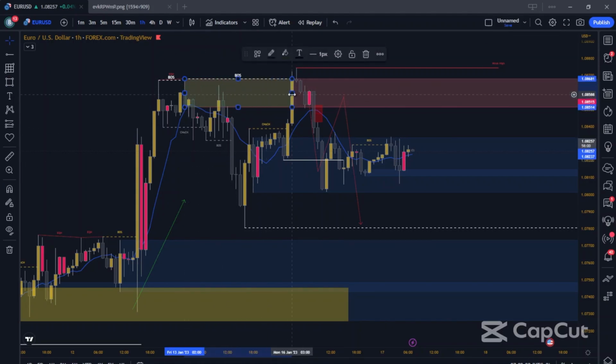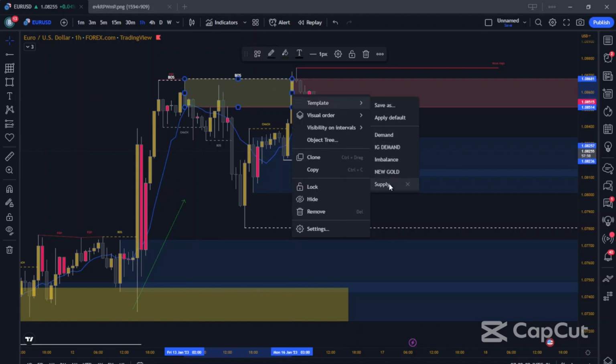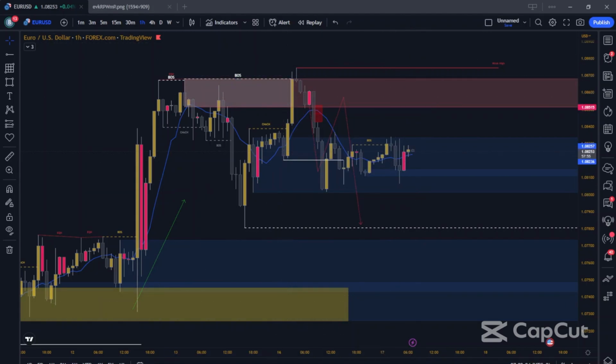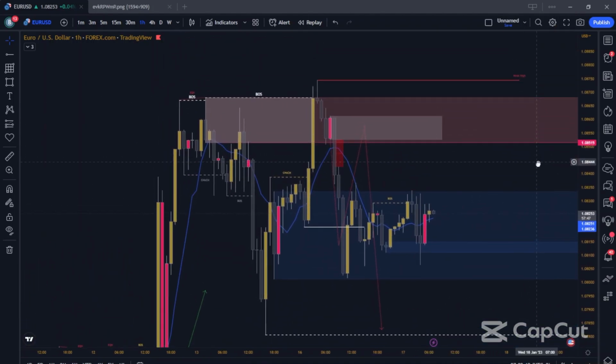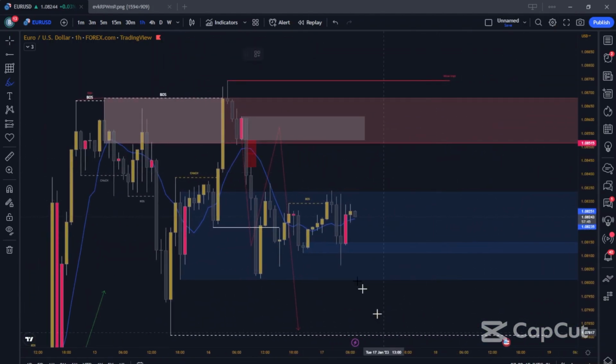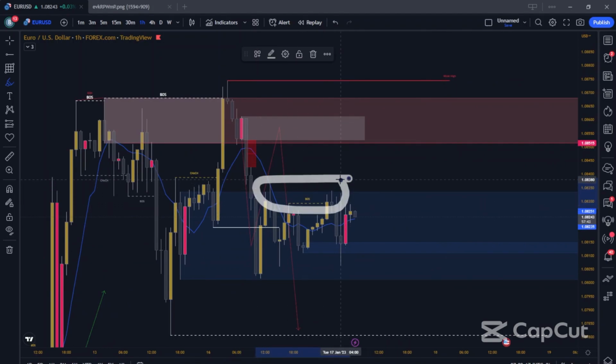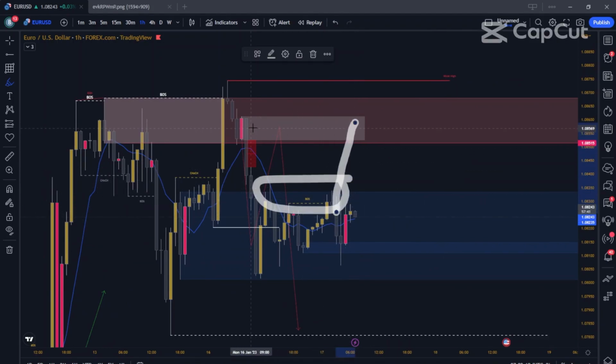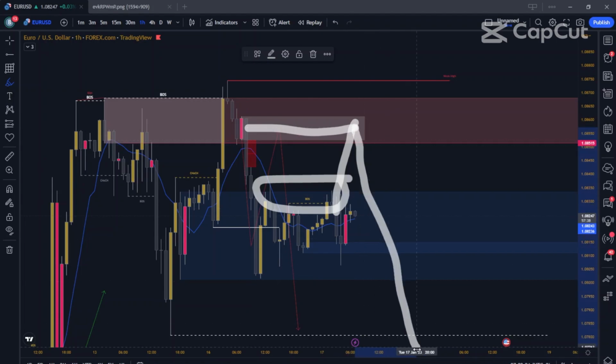It was violated, but we did get a reaction from it. Now we've got this supply sitting up here. So I'm expecting price to take out this liquidity sitting up here, break through that, react to this supply, and then we'll find shorts to take out this low.